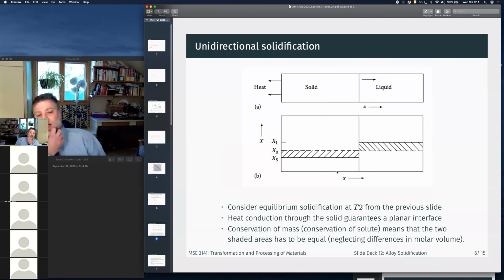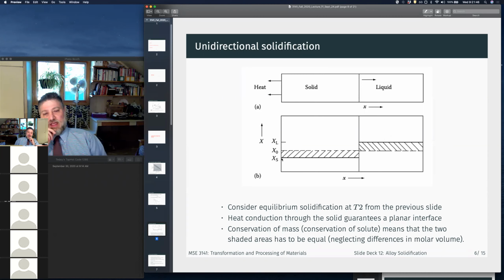So we're talking here about unidirectional solidification, right? We're saying, let's consider equilibrium solidification. Equilibrium solidification means infinitely slow. So that means we have time for diffusion to happen in the solid and in the liquid, so that the composition of the solid is always going to be homogeneous, and the composition of the liquid is always going to be homogeneous.